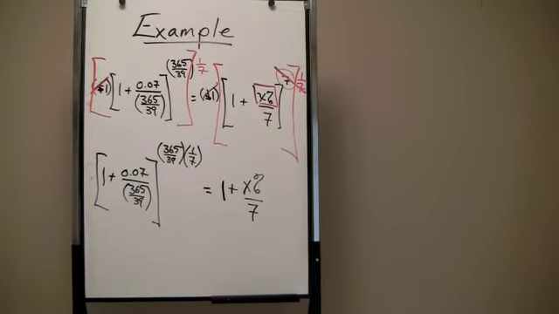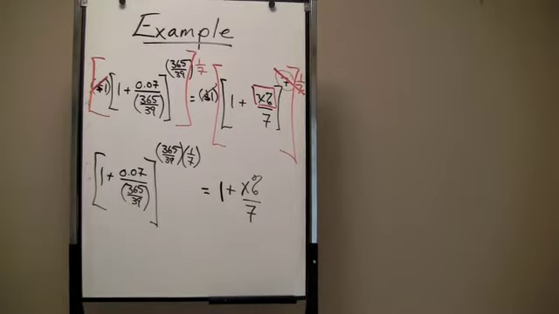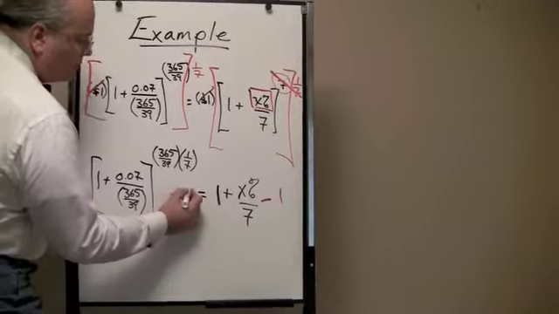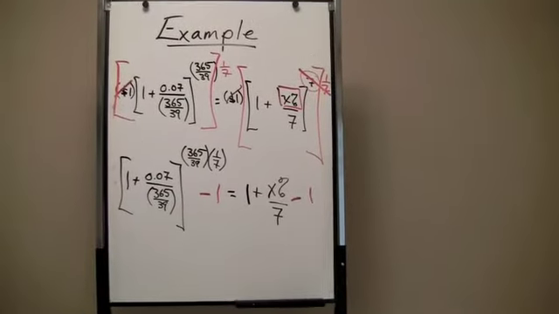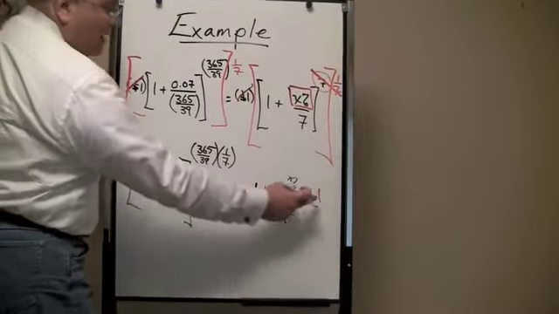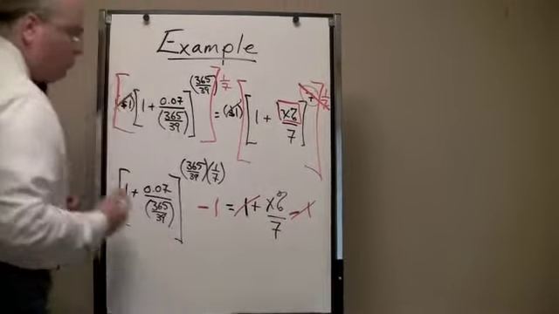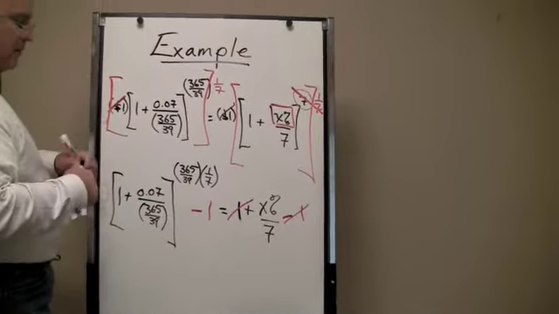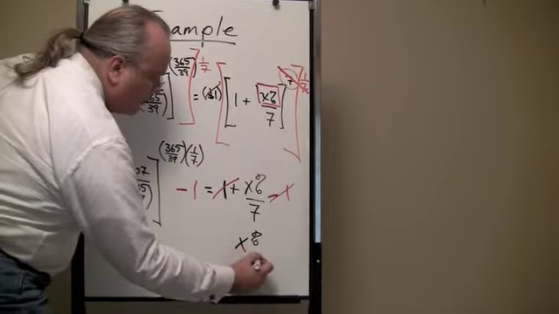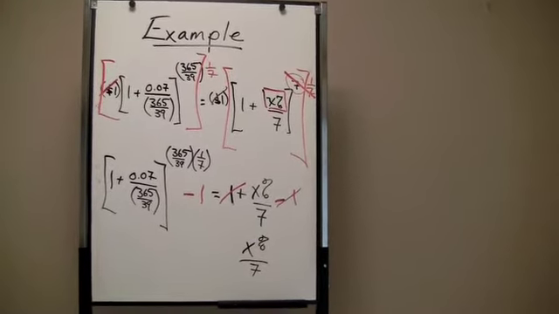The next step that I can do to help myself along is I can now subtract 1 from both sides. If I subtract 1 from both sides, obviously 1 minus 1 here cancels out, and I'm left with x% divided by 7 on the right-hand side of my equation.